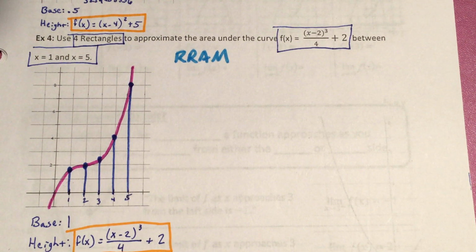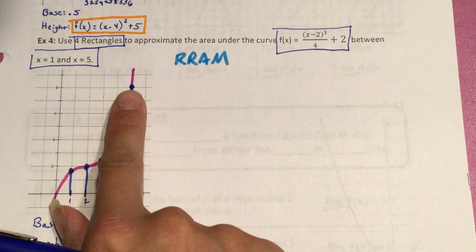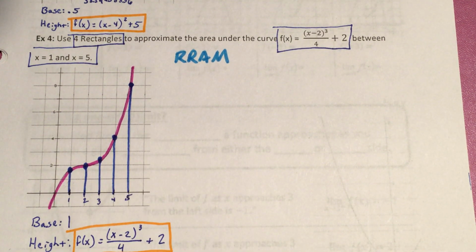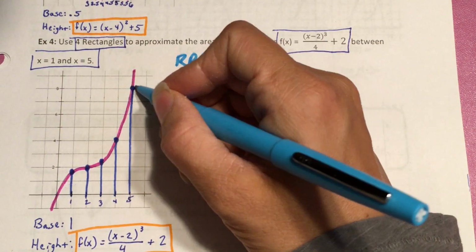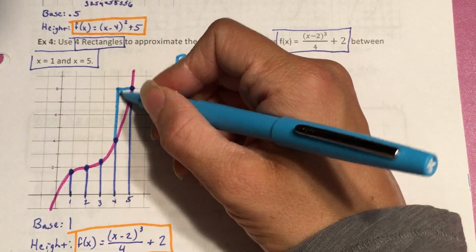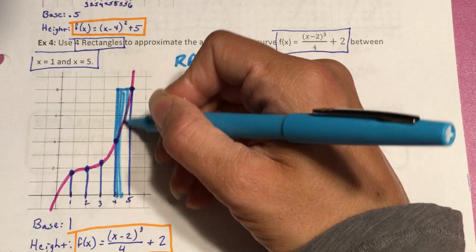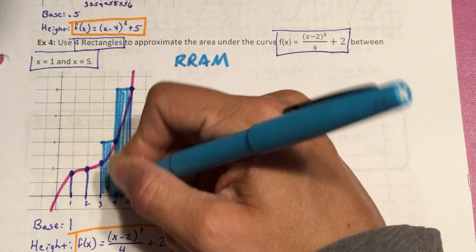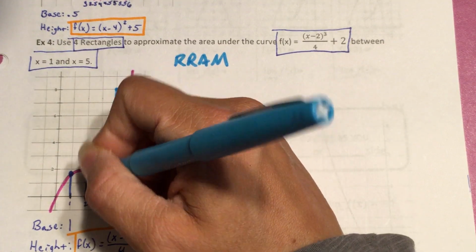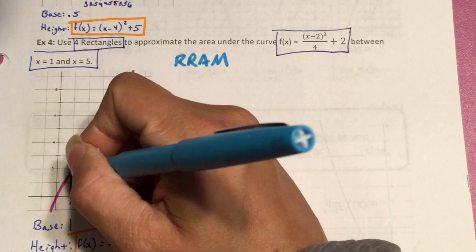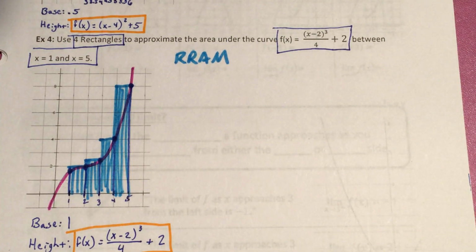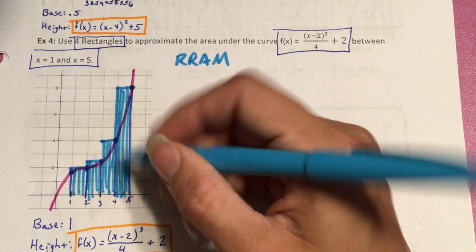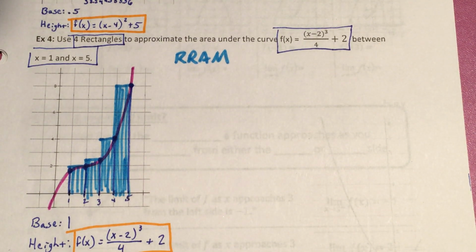So I would go ahead and pause the video and see if you can draw RRAM, starting at the rightmost point with making your rectangle heights. So start at the right, make your height, color down. This next point is our height, color down. This point is our height, color down. This point is our height, color down. So on this problem, our rectangles are over the curve the whole time.